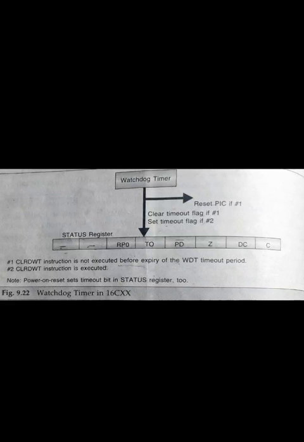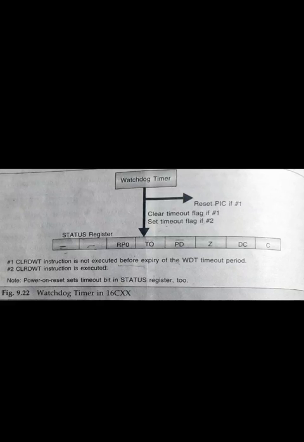This possibly happens when the clear watchdog instruction is not executed periodically. The normal timeout period of the PIC watchdog timer is around 18 milliseconds. The operation of the watchdog timer is shown in the figure. The internal RC oscillator drives the watchdog timer. The watchdog timer is enabled at the time of device programming, and once enabled, it cannot be turned off. Similarly, if disabled at the time of programming, it cannot be turned on by any means.